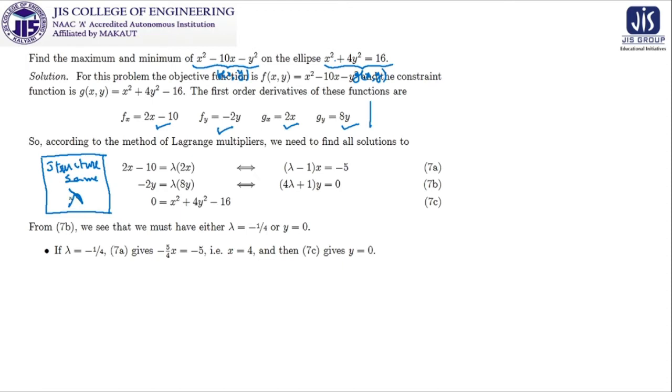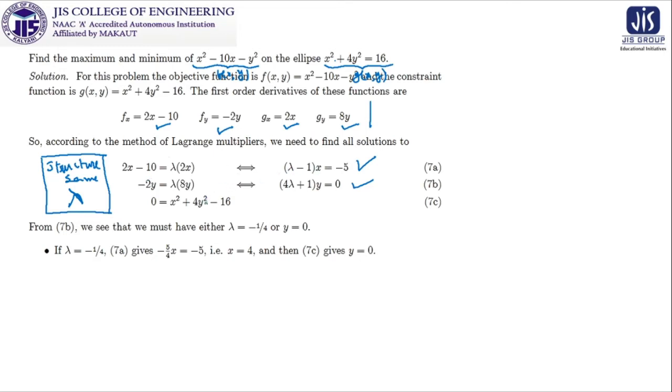So our job is to find the value of lambda, that means find the value of this multiplier depending on the variation of the objective function and the constraint function and the corresponding calculations like this. So this will give you this particular equation and this will give you this particular equation.